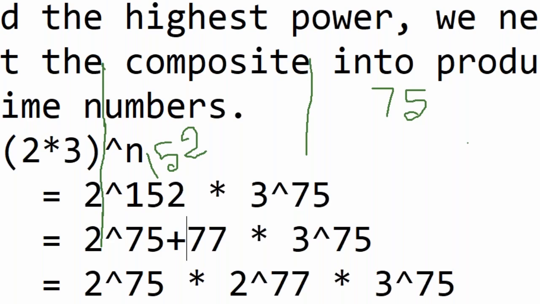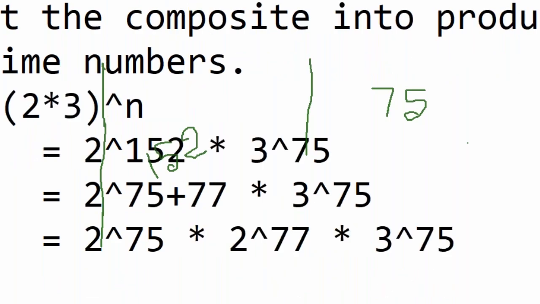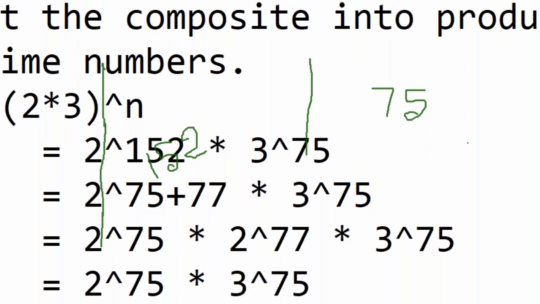That is the reason we can divide 152 into 75 plus 77. So 2 power 75 plus 77 means 2 power 75 into 2 power 77. Clear, all of you? Now 2 power 75 into 3 power 75 into 2 power 77.